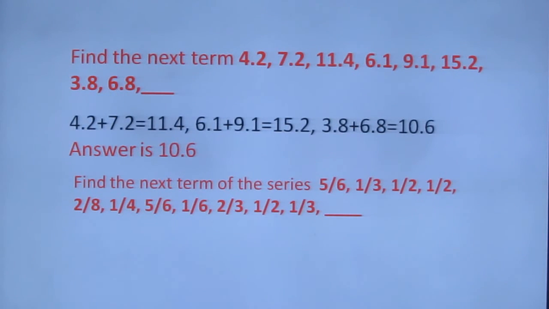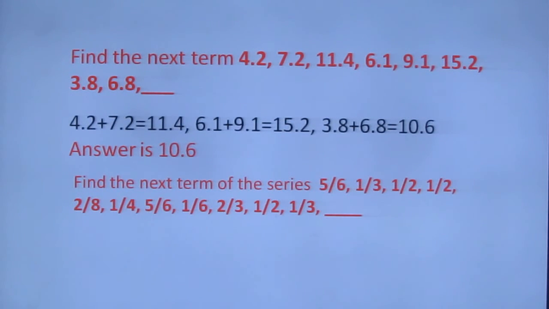The denominators are given as 6, 3, 2 and so on. One way to solve is to make all the denominators 6. How can you make 1 by 3 into an equivalent fraction? The denominator should be multiplied by 2 and the numerator also multiplied by 2.